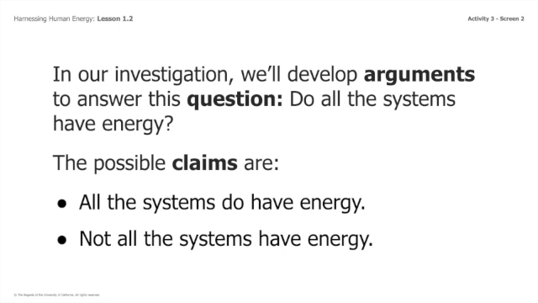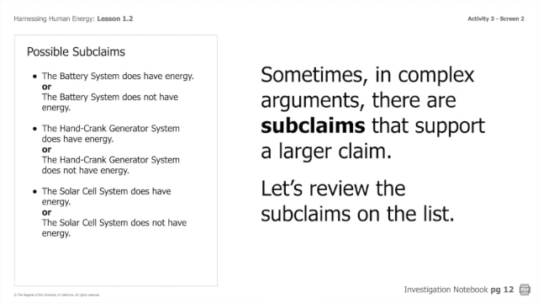Since this is a yes or no question, the answers are either yes, all systems do have energy, or no, not all the systems have energy. But to answer this question, we have to look at subgroups or subclaims and identify all 3 systems and whether or not they have energy. Once we have all 3 subclaims, then we can identify if yes, all of them do have energy, or no, they do not all have energy.